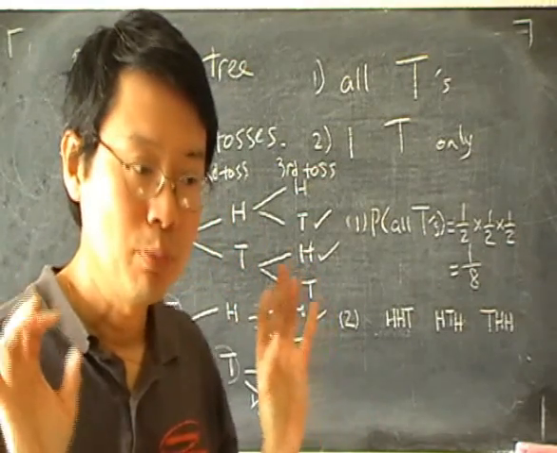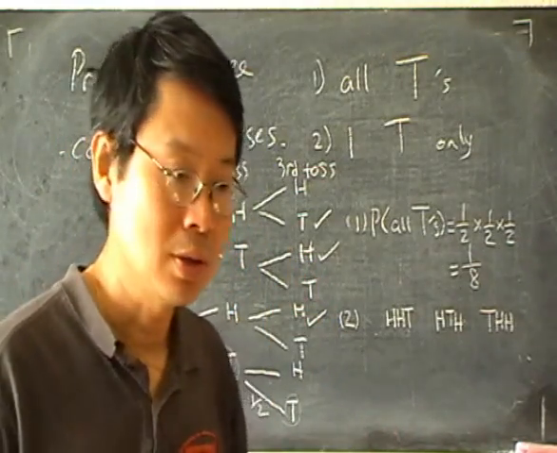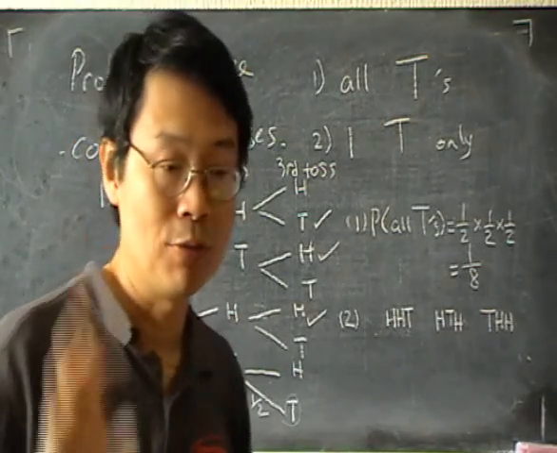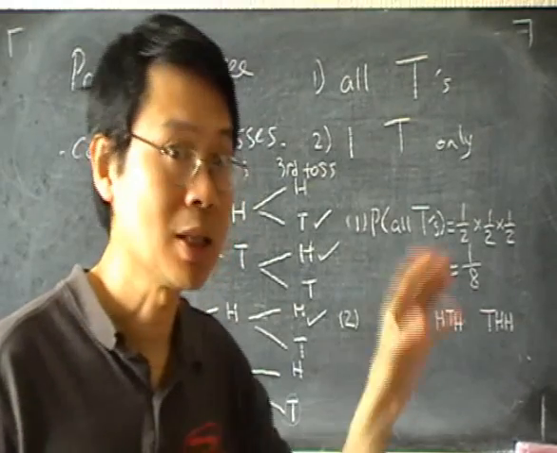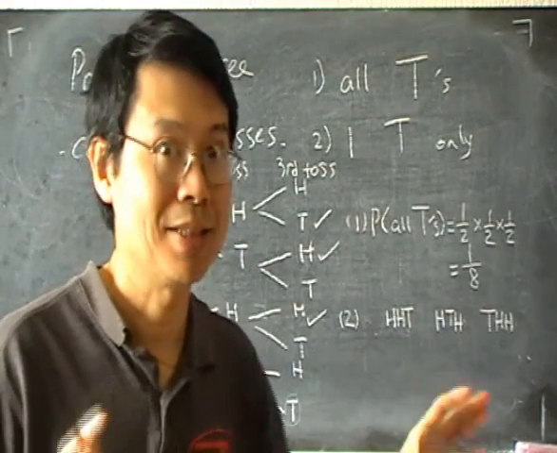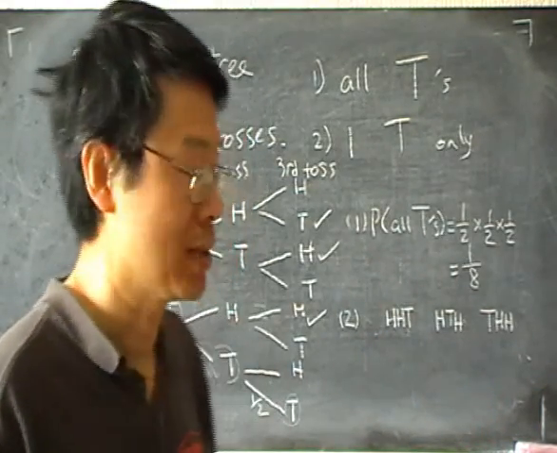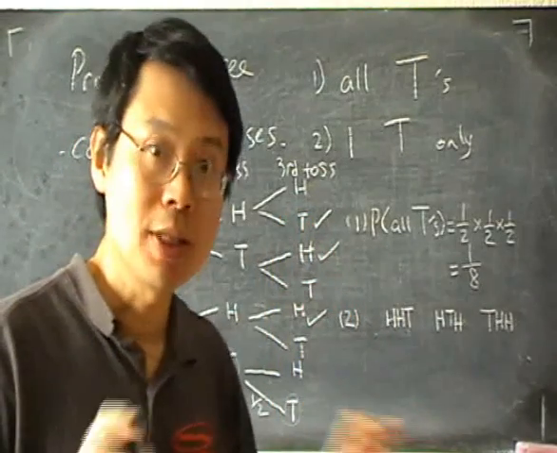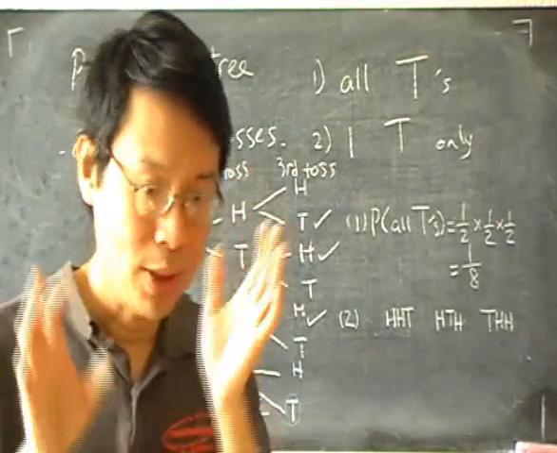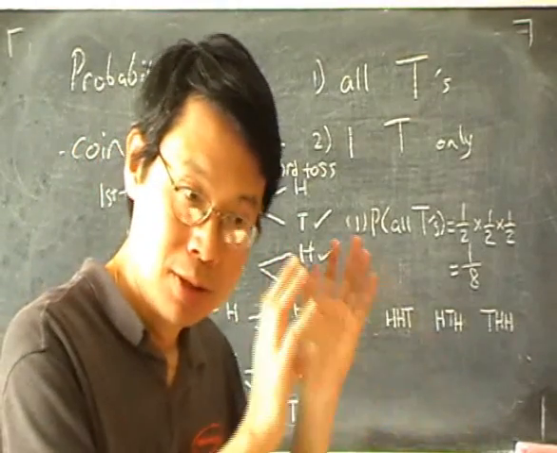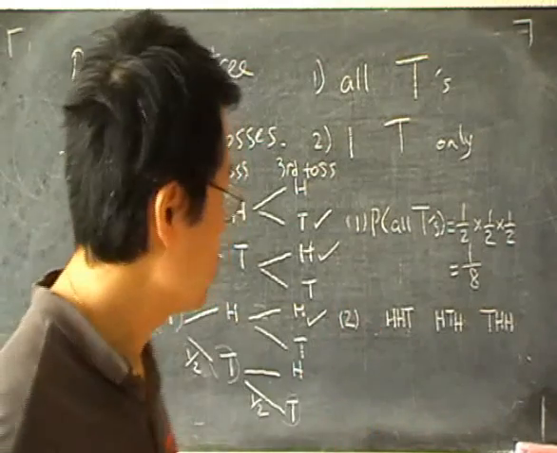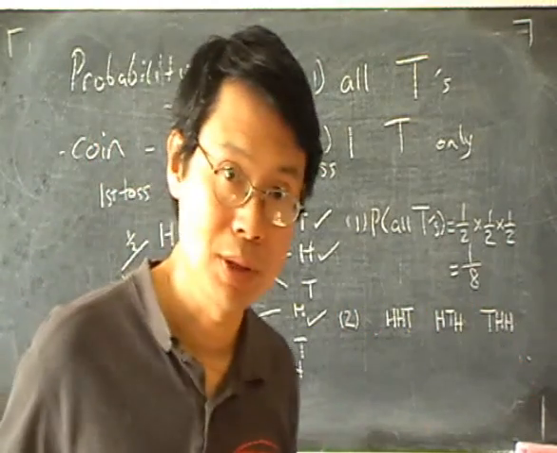But mutually exclusive events are different. They do affect each other in the sense that if one event happens, the other must not happen. So that's a very big effect. So when two events are mutually exclusive, meaning that if one happens, the other cannot happen, then we can add the probabilities.